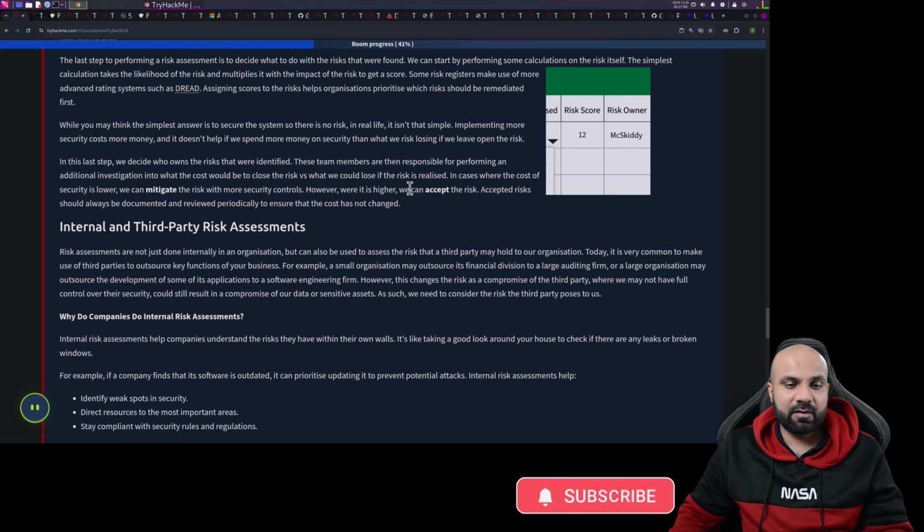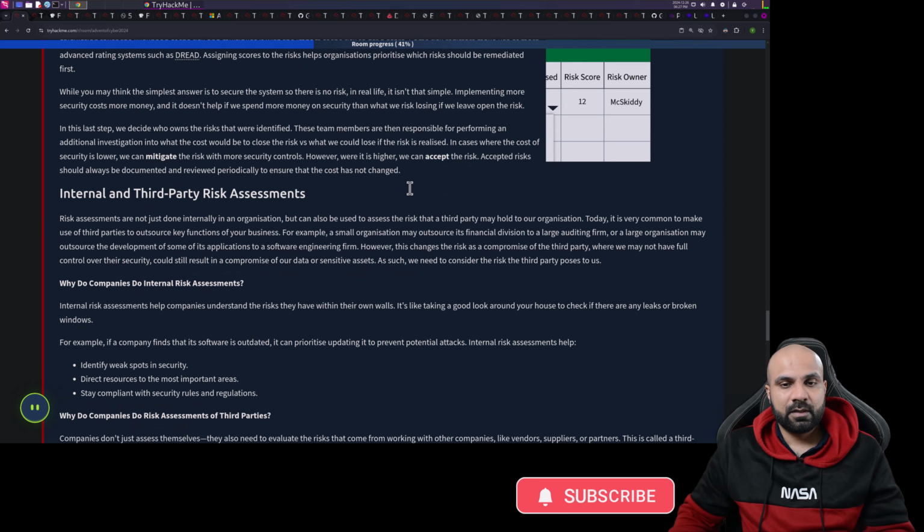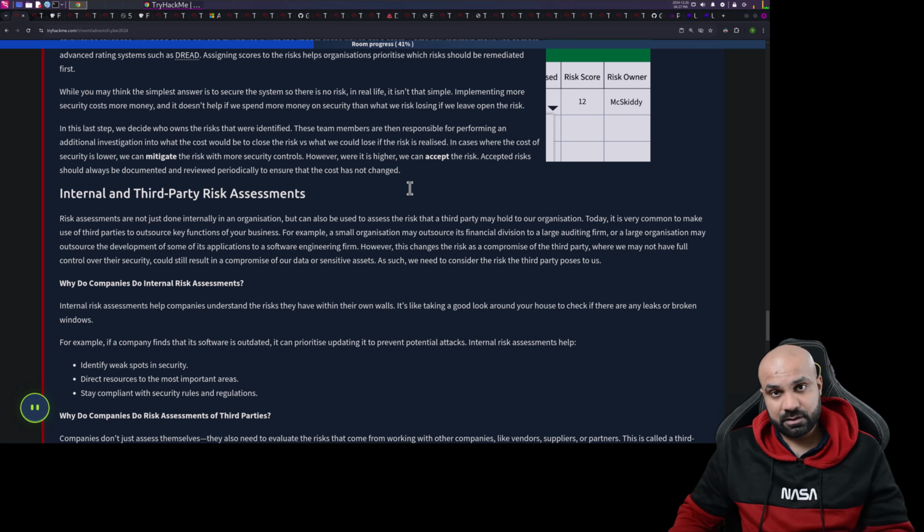So for example, if a particular risk will cost you $60,000 to mitigate for 1 year, and if the risk materializes, you will only lose $10,000 of the merchandise.